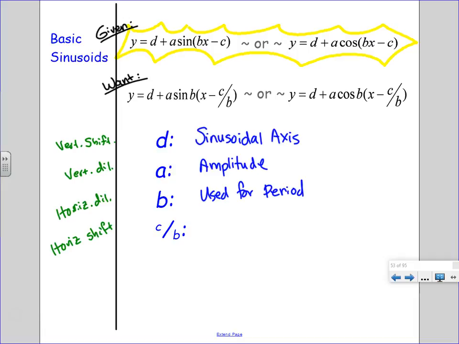There's a formula that will go along with it. He's used for the period, how long it takes for a wave to complete. And then c over b is what I call the phase shift, but the phase shift we could also call the initial point.